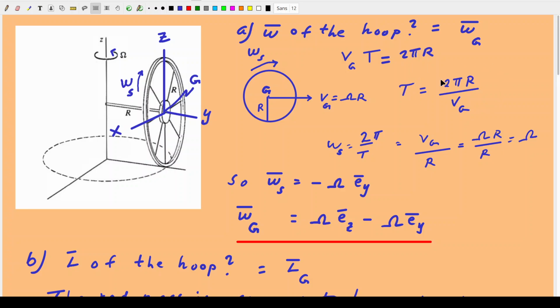This formula here: time equals πr over the velocity.